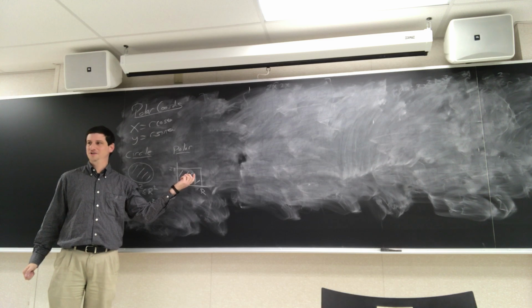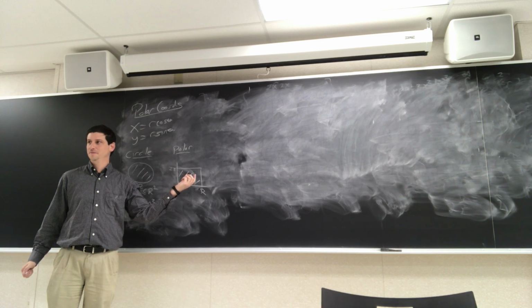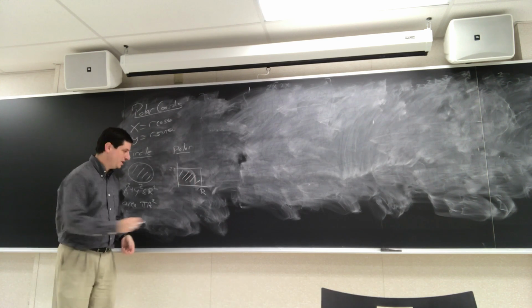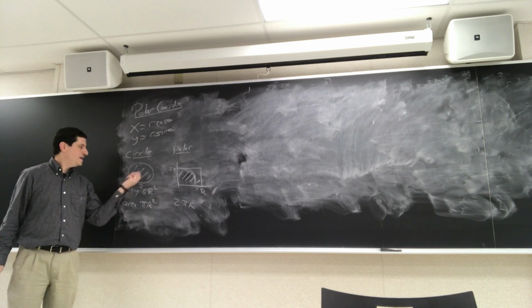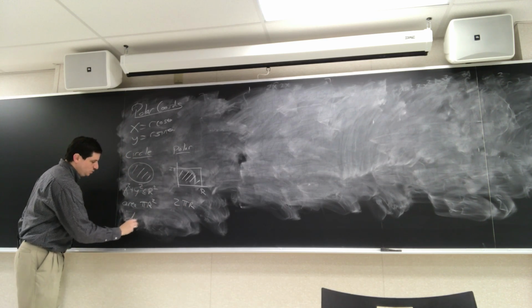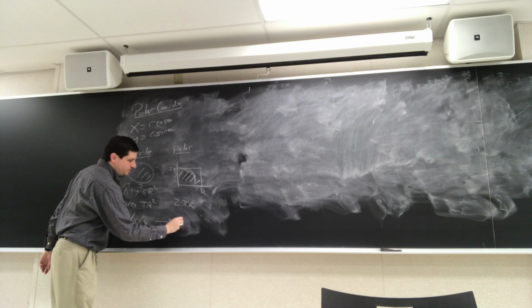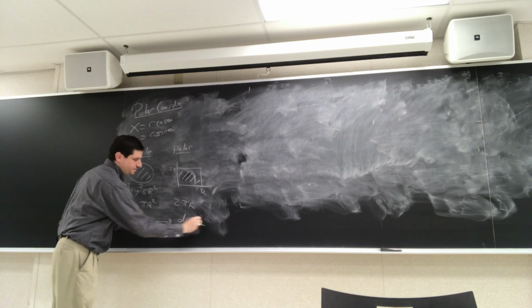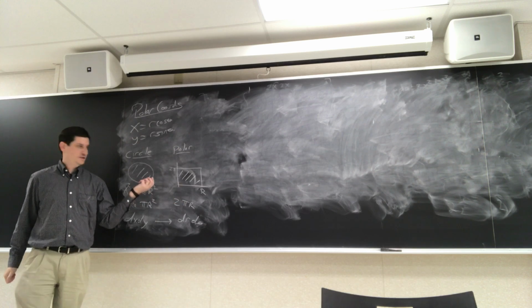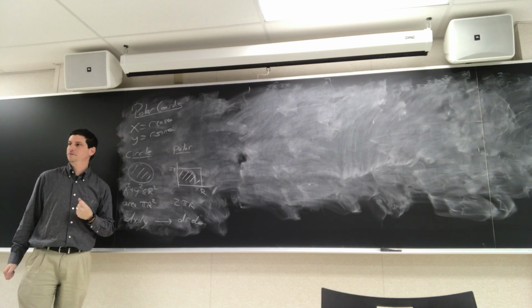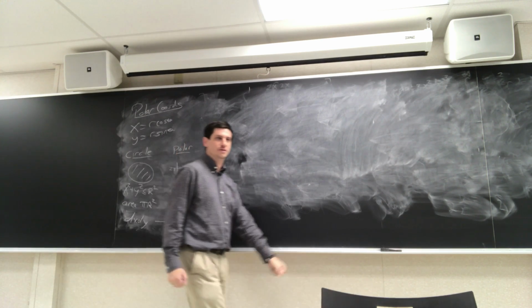What's the area of this rectangle? Yes, 2 pi r. So we can't just say dx dy transforms to dr d theta. This is going to clearly be wrong. The area here is not the same as the area there. So we have to figure out what the conversion factor is.